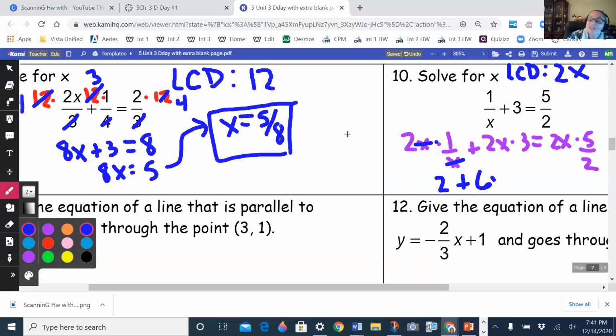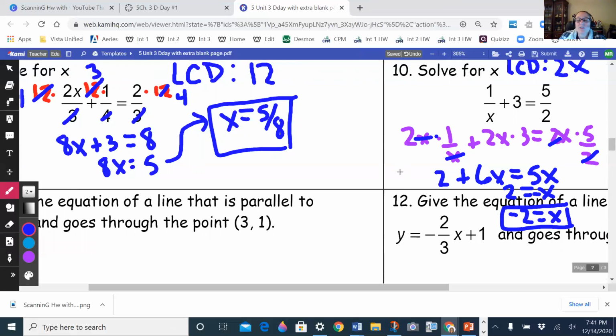Here I end up with a 6x, and with the 2 and 2 canceling I'm left with x times 5, which is 5x. I am going to subtract 6x from both sides, and I get 2 is equal to negative x. And if it's a negative x, just make both sides opposite, and I get negative 2 is equal to x. And that's my solution.